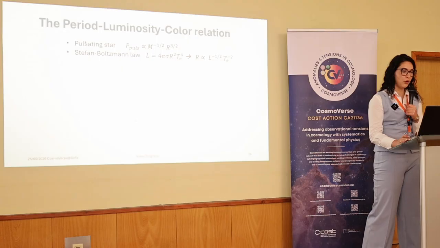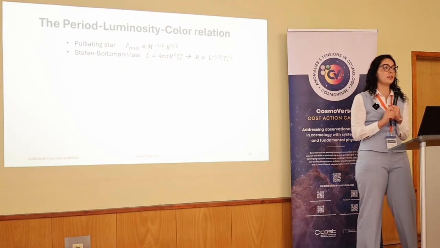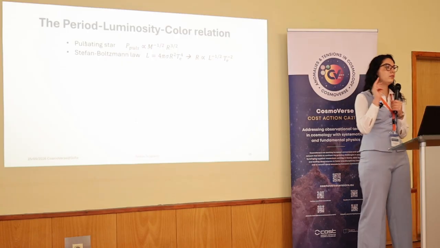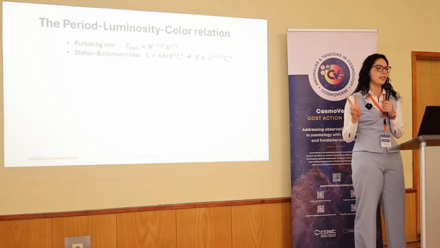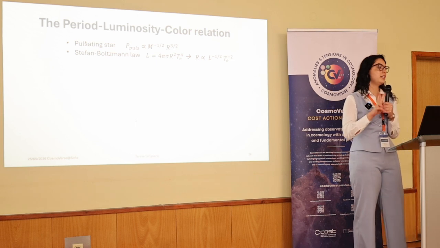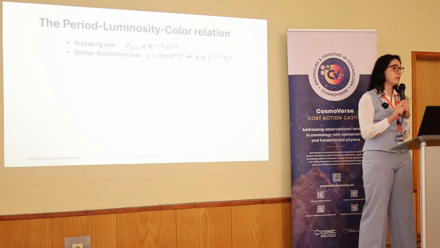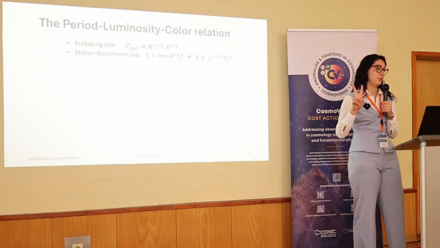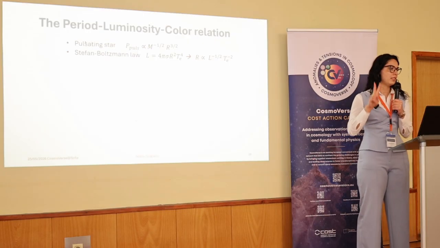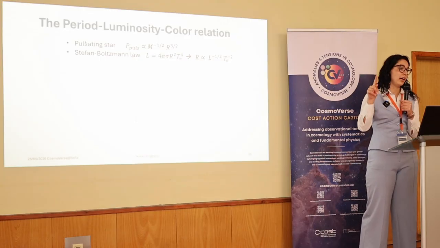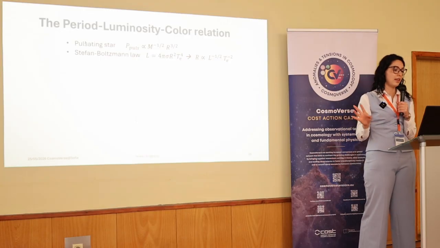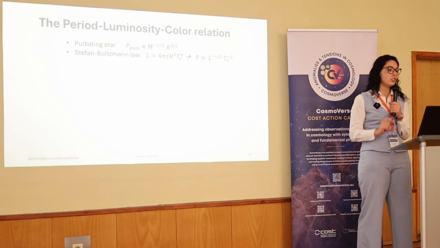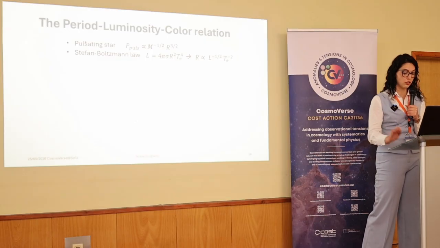An important point to remember, which we haven't talked about yet, is that the two main things that determine the life of a star when it starts its path in the color-magnitude diagram are its mass and its chemical composition, because these two will say how the star will evolve. We will say later how the chemical composition enters this relation.